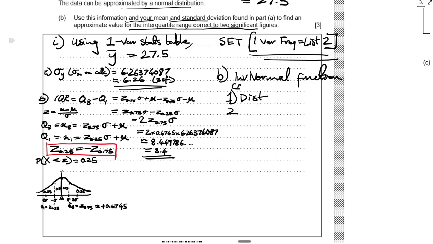Let's say Casio FX-CG50. This is for me.